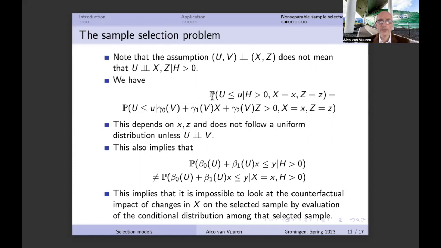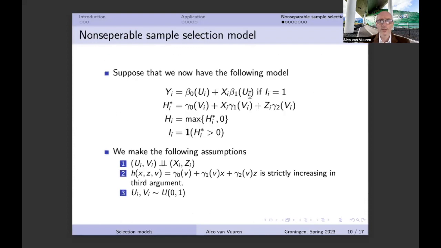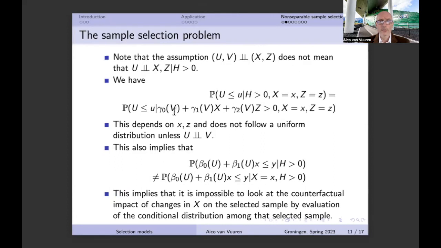This we can quite easily show by looking here at the probability that u is smaller or equal to a little u, conditional on x and z of course, but also conditional on the fact that h is larger than 0. What is this thing that we have over here? Well, the first thing we can do is substitute in: we do know that if h is larger than 0, then h star must be larger than 0, so that means that this whole thing that we have over here must be larger than 0, so then we get this thing over here.